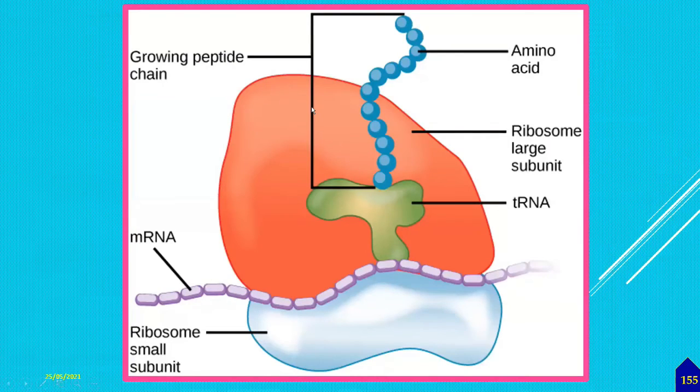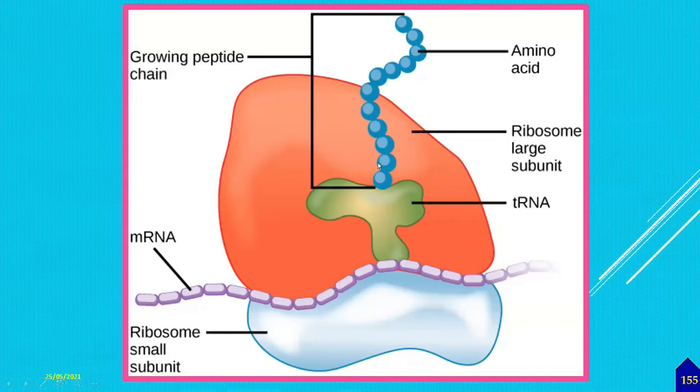So this is the process of how the ribosomal subunit works. This is an mRNA strand and the ribosomal subunit. It will take a lot of materials from the cell organelle and the tRNA. This is a messenger RNA. This is tRNA. It's going to form the ribosome larger subunit, and these are all the amino acids.